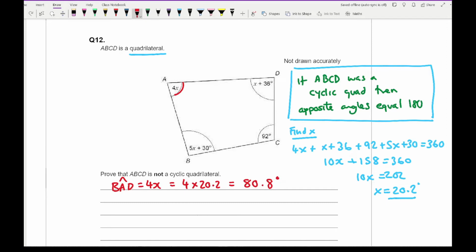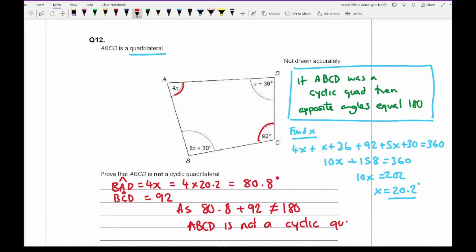Then if we look at the angle that's opposite that, which is 92, so DCB is equal to 92. So 80.8 plus 92 does not equal 180 degrees. ABCD is not a cyclic quadrilateral.